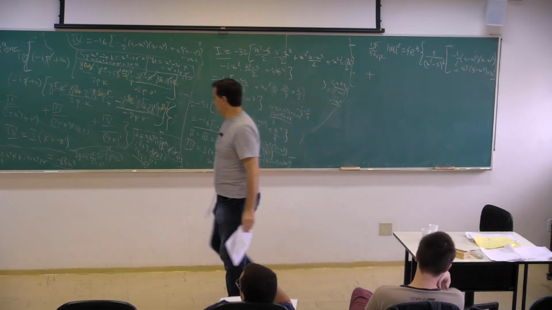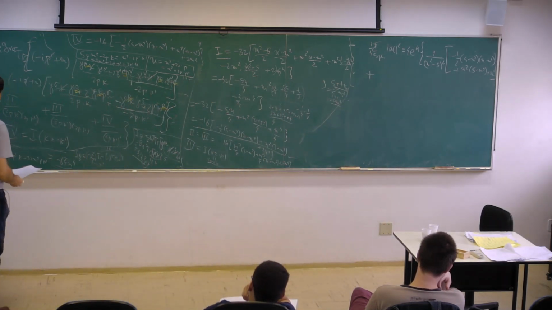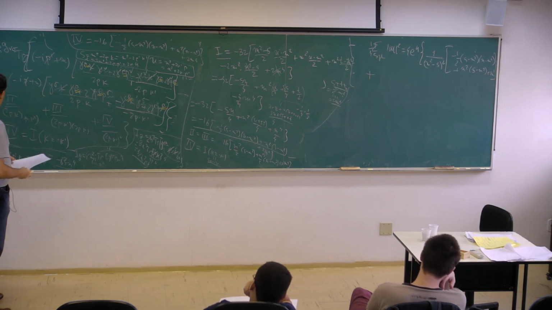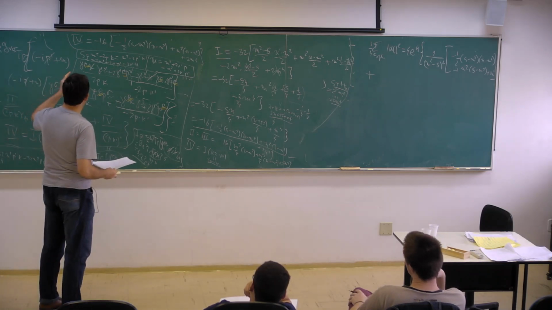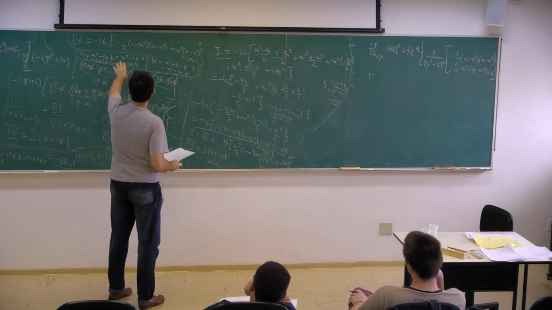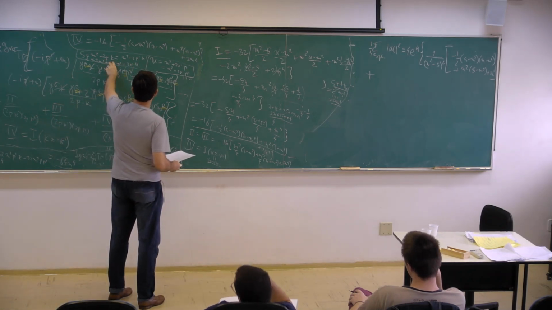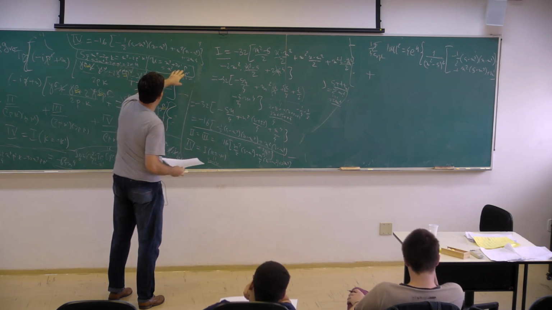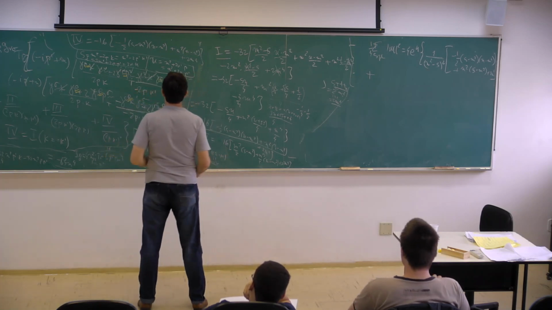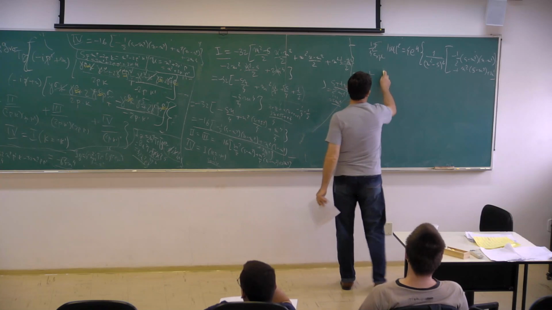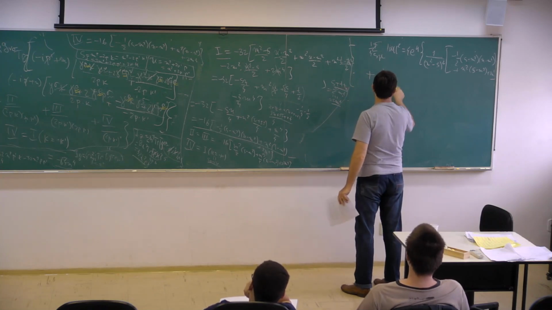Then plus 2 and 3 add up, and the denominator is also the same. So I just have a factor of 2, and 2pk prime. 2pk is m squared minus s. 2pk prime is m squared minus u, is u minus m squared. M squared minus s, u minus m squared.